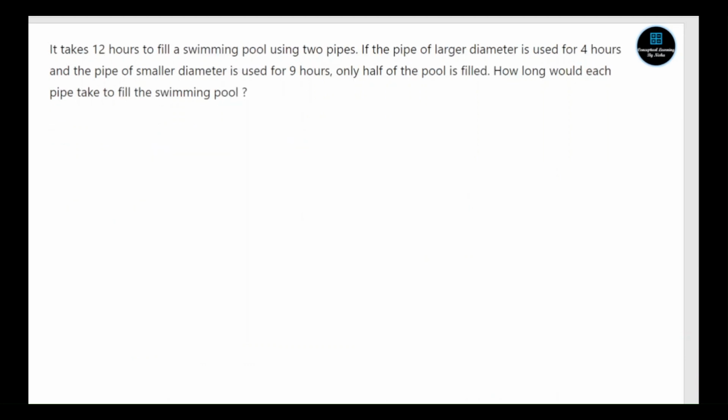Now, very interesting question. So there are two pipes, right? A larger diameter and a smaller diameter. So let pipe A be the larger diameter, which completes x hours per unit, right?